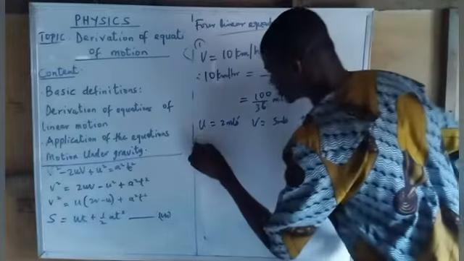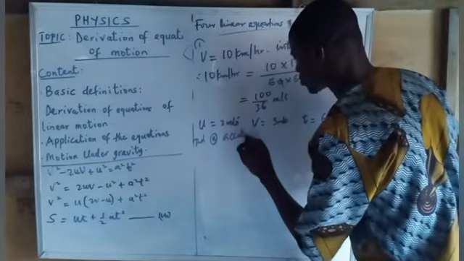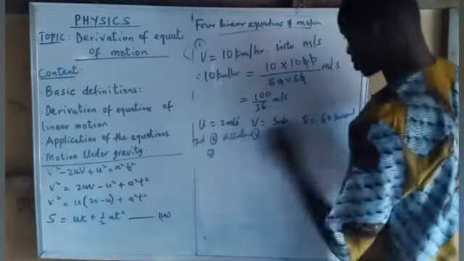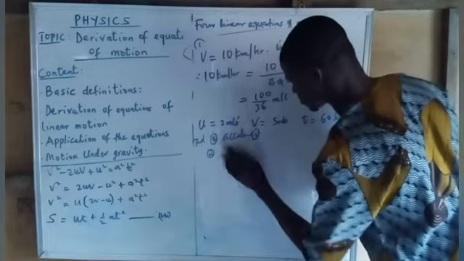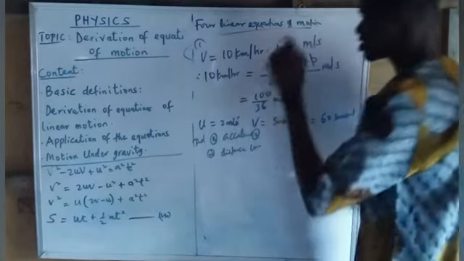Then we have to find 1, the acceleration A, and 2, the distance covered within this period.